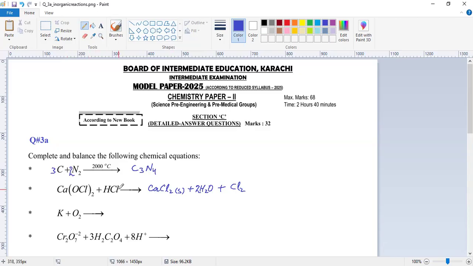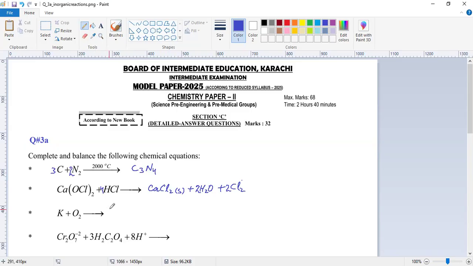While this chlorine is reduced into chlorine gas, and so 2 2s are 4, so 4 hydrogen must be there, and 2 water, 2 and 4 6, so there should be 2 moles of chlorine molecule.